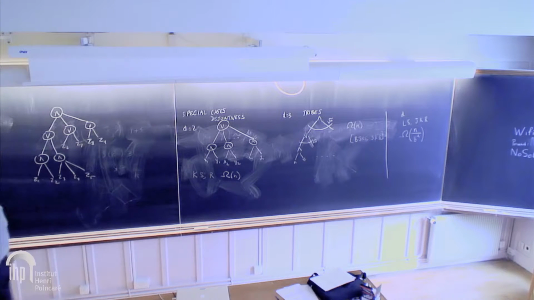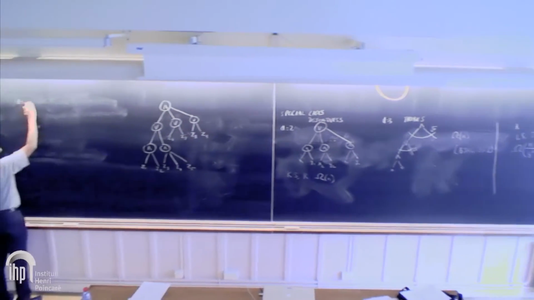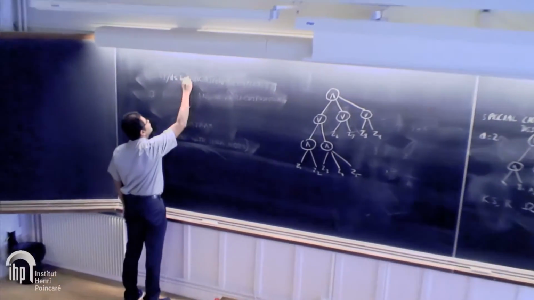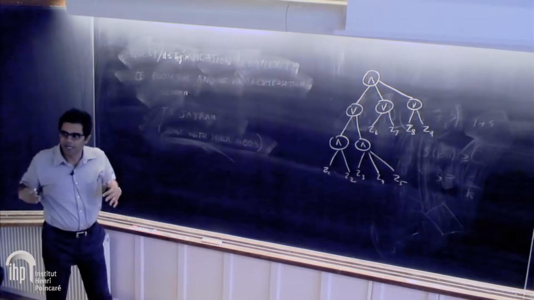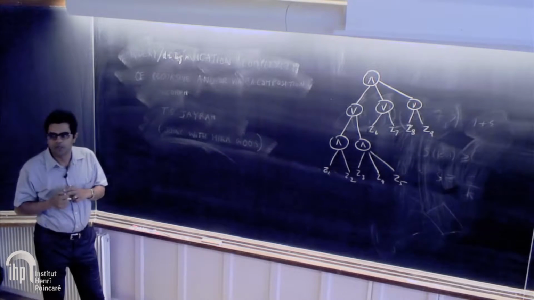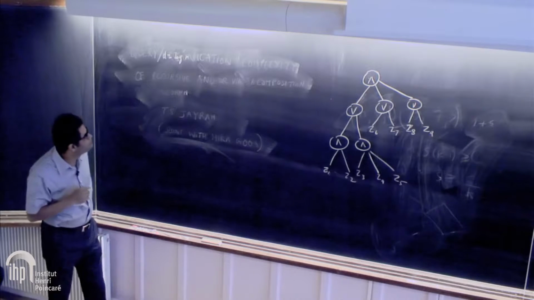For the rest of this talk, I'm going to be looking at the case of d equals log n. So this is the complete binary tree of depth log n, fan-in 2.